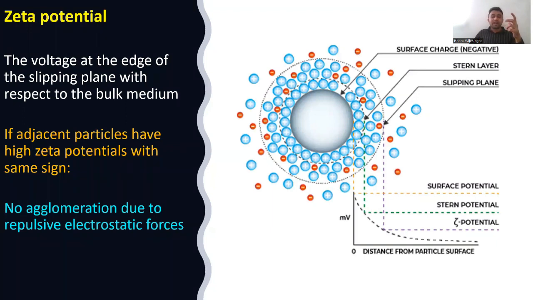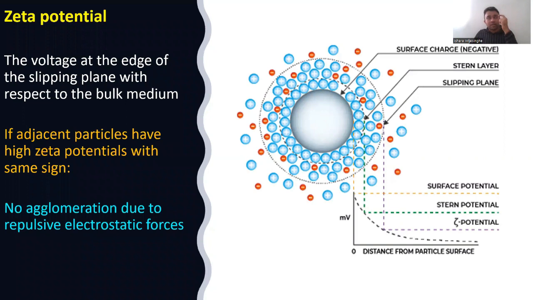To define the stability of a particular system, it is not enough knowing the surface charge or surface charge density, but it is important to know the potential of the stern plane, because when the particle moves, the adjacent layers containing charges also move with that particle.